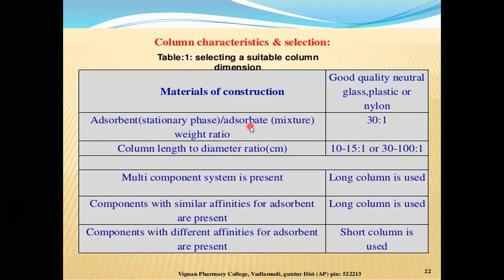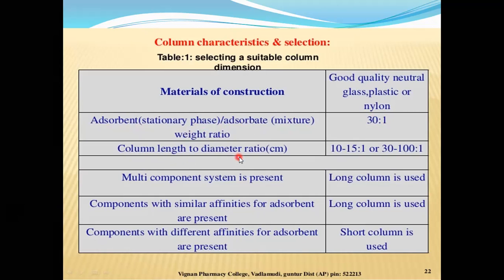Okay, adsorbate, sorry, adsorbent. Adsorbent means the stationary phase. Adsorbate means the sample solution. So the adsorbent and adsorbate proportion should be 30:1. Adsorbent should be 30 proportions, and the adsorbate, that means the sample mixture to be separated, should be 1 proportion.